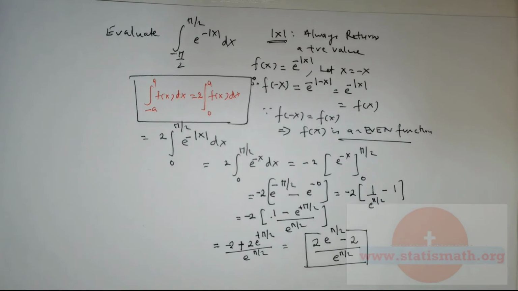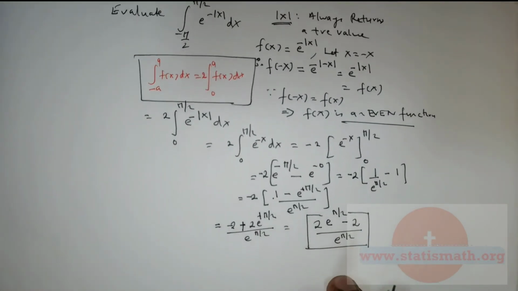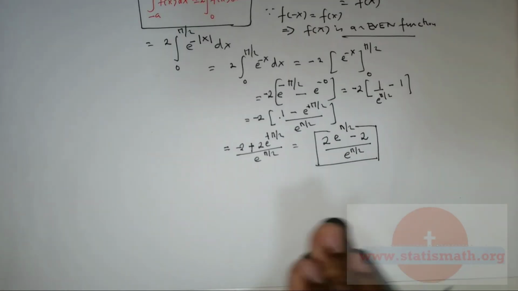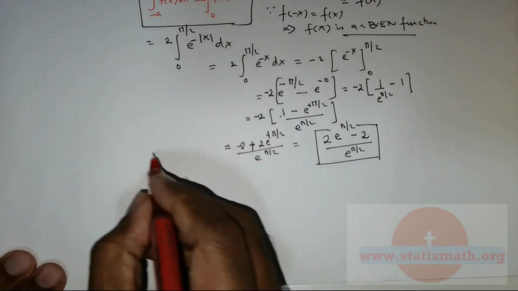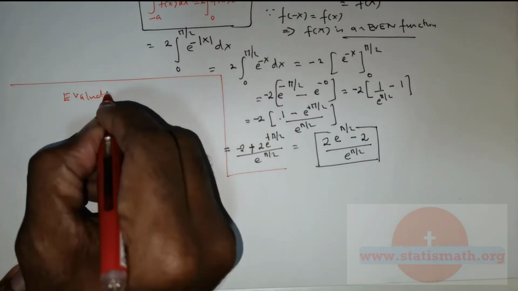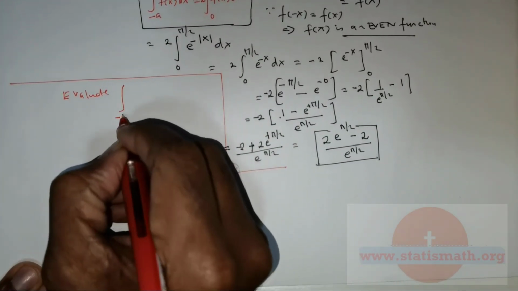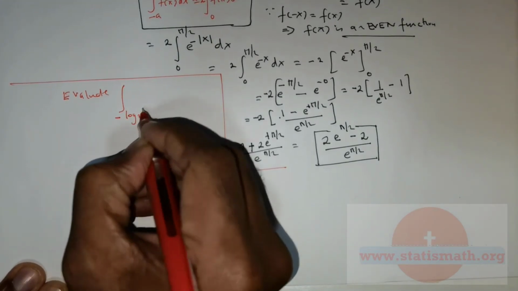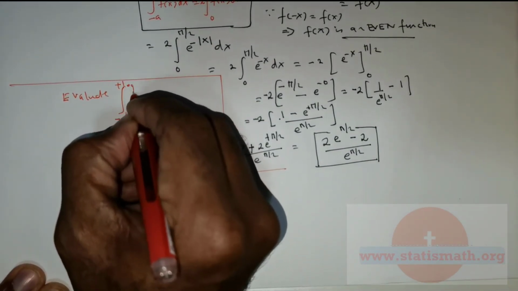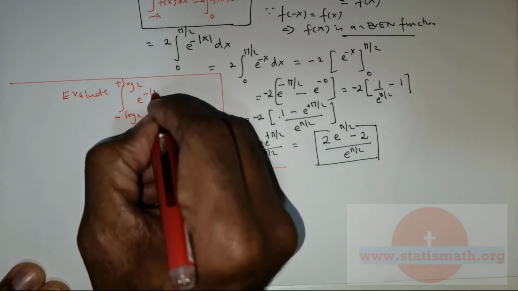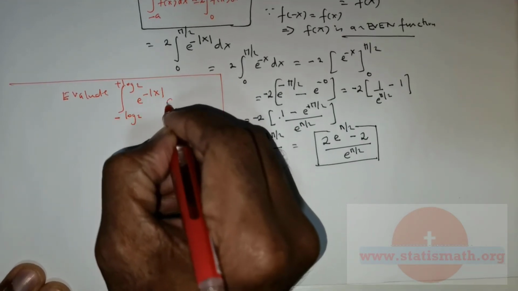Now, just in case the limits are changed, let us see how to handle the question. Instead of negative pi over 2, suppose we are asked to evaluate the integral from negative log 2 to positive log 2 of e raised to the power negative modulus of x times dx.